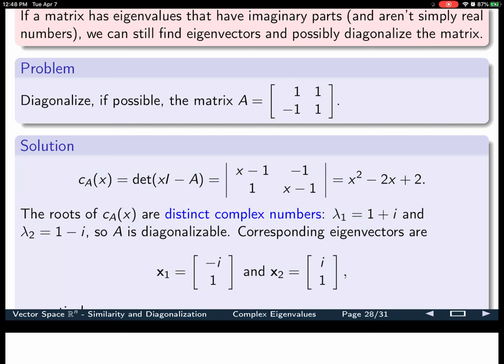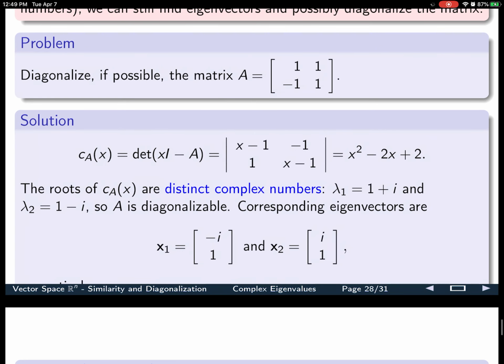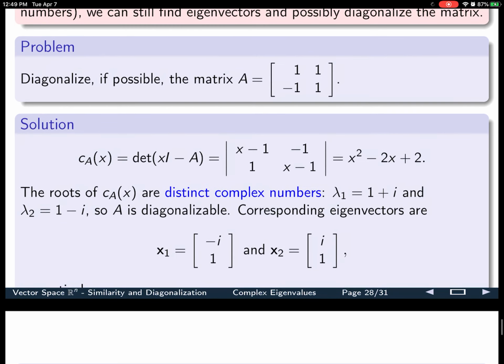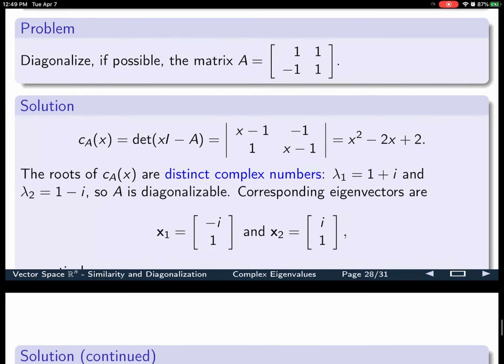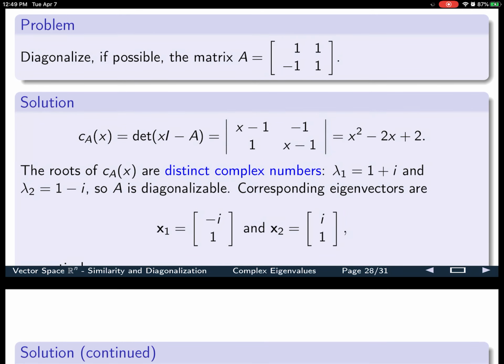Complex conjugates behave in a way that if you multiply them together, the imaginary parts drop out. So that's a complex conjugate pair. That's not an accident. That always happens whenever you're finding eigenvalues. If they are complex, they come in pairs. And there are some corresponding eigenvectors. If you're comfortable with using complex numbers, you can find eigenvalue, eigenvector pairs, and it's completely fine to do stuff with complex numbers.